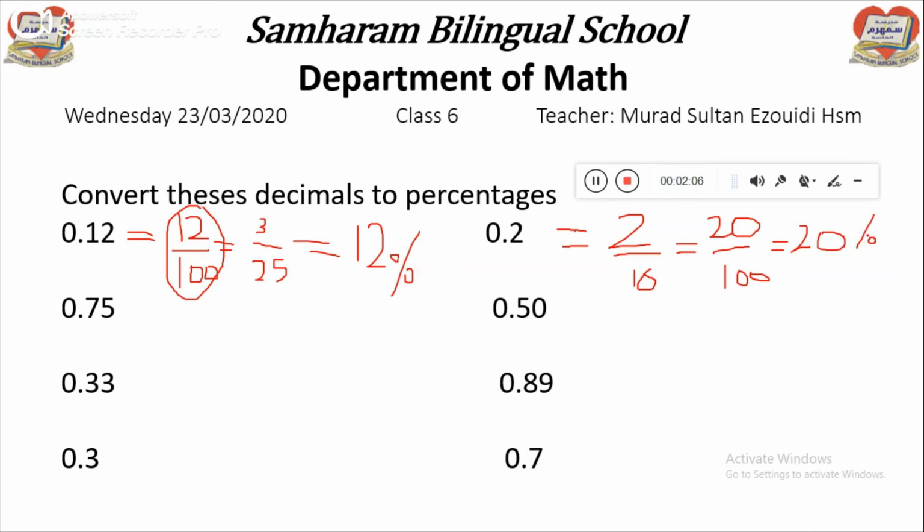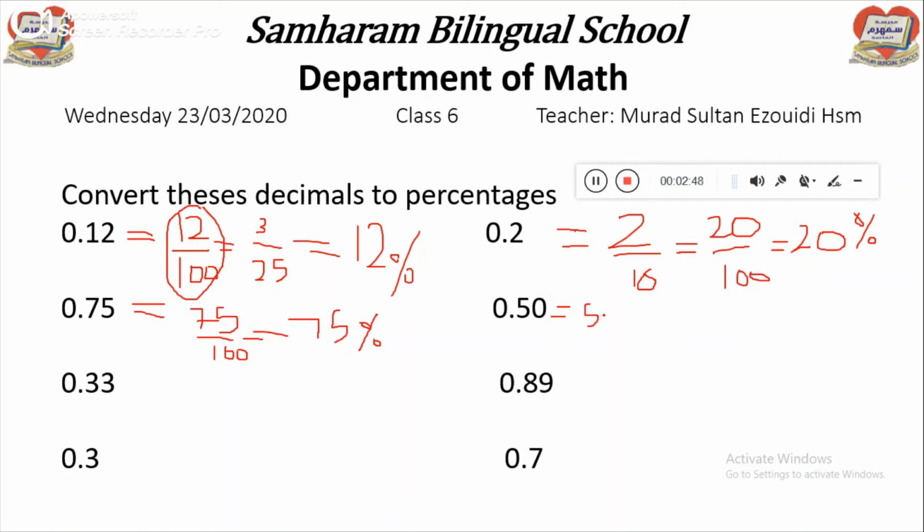The next example, 0.75, will be equal to 75 divided by 100, which equals 75%. The next one, 0.50, is 50%.